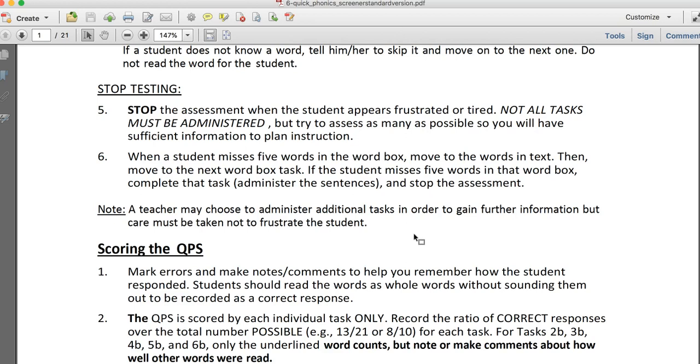So they may have difficulty with 2A, but by the time we get to 4A, they're great. So I would ask you to consider that, but also to be sure and use your knowledge of the student and really watch your student, because we don't want to frustrate them. So it's a very, very fine line we walk.